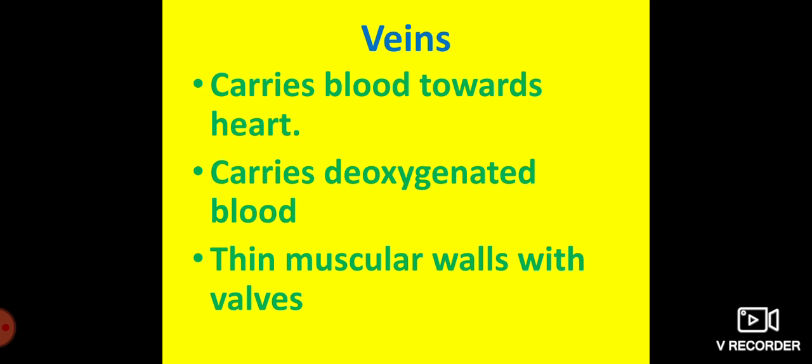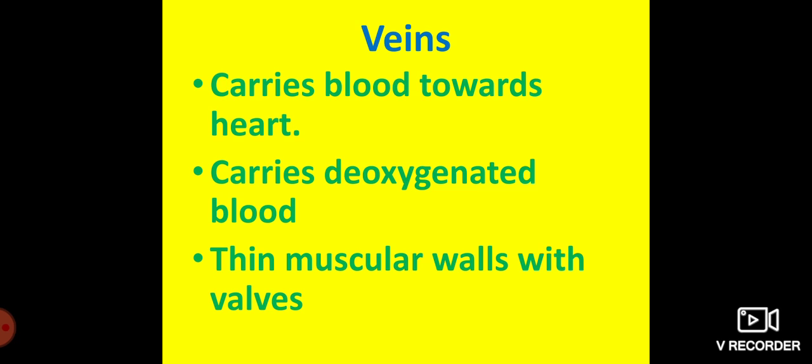Okay, clear? And veins carry deoxygenated blood, meaning impure blood, whereas one more vein present in the heart, the pulmonary vein, carries pure blood. All the veins carry deoxygenated blood except the pulmonary vein.